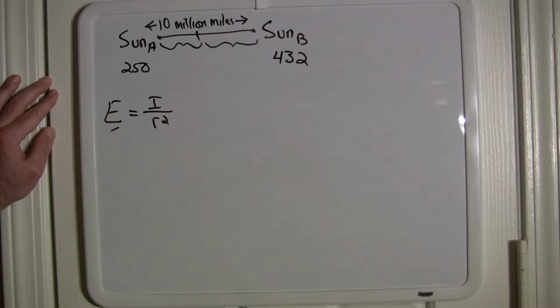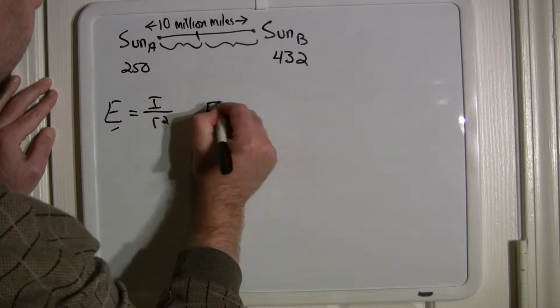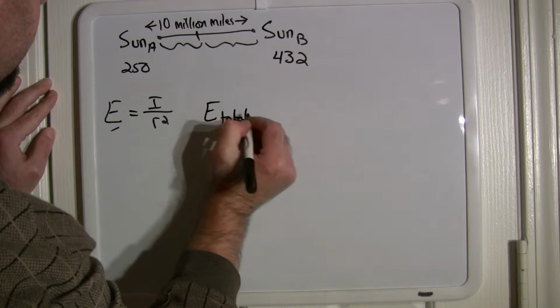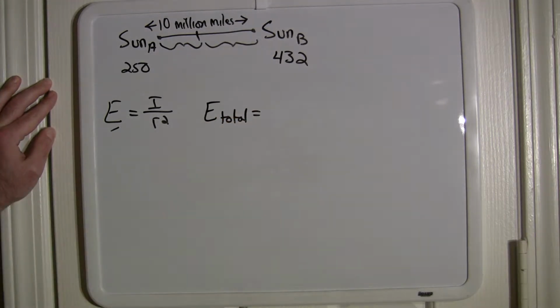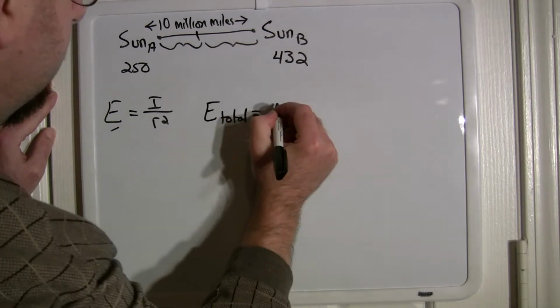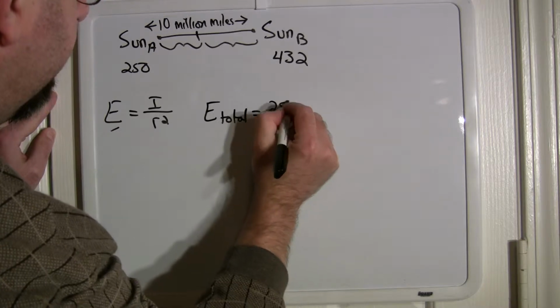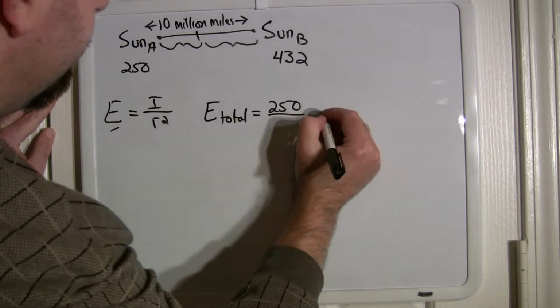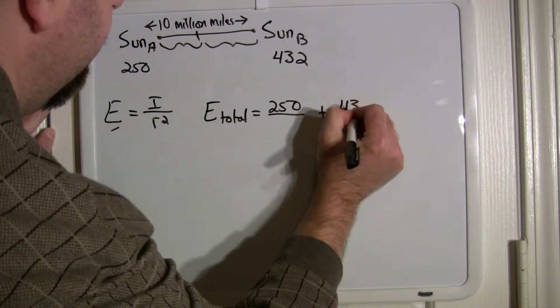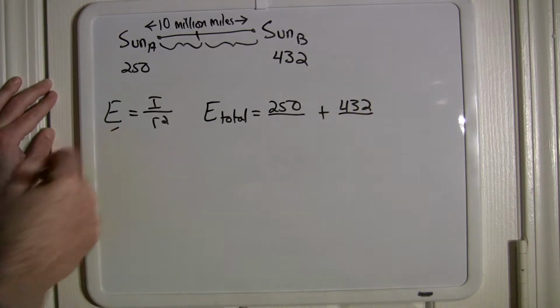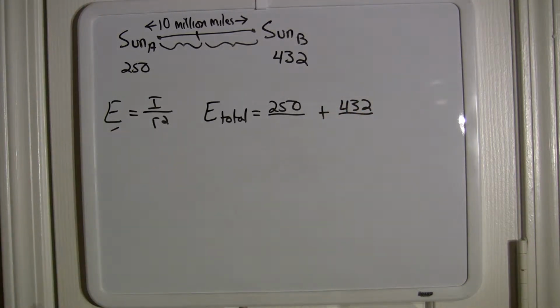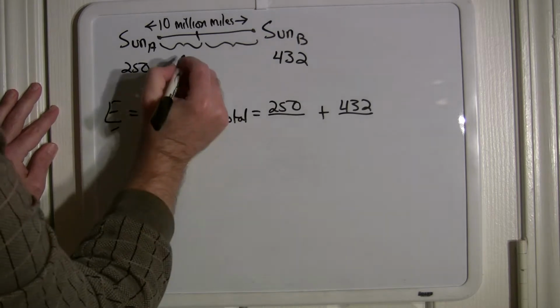Well, what we can start with is the total illuminance of both of the suns, which will be 250 over r squared plus 432 over r squared. But these r values we don't know, so we'll set those as variables.